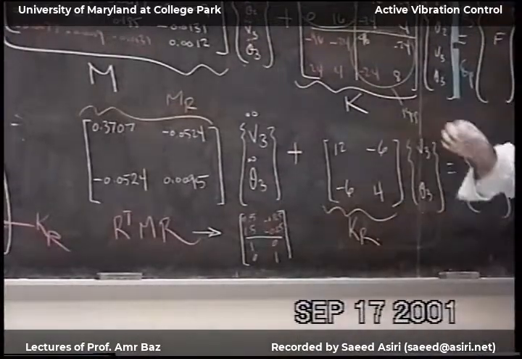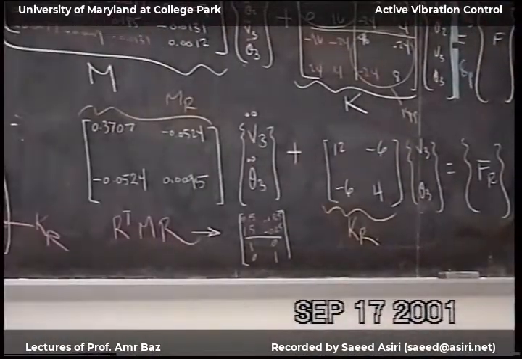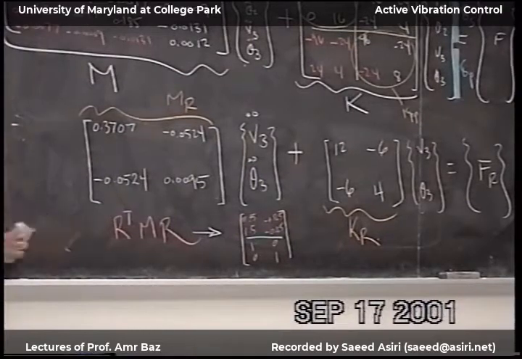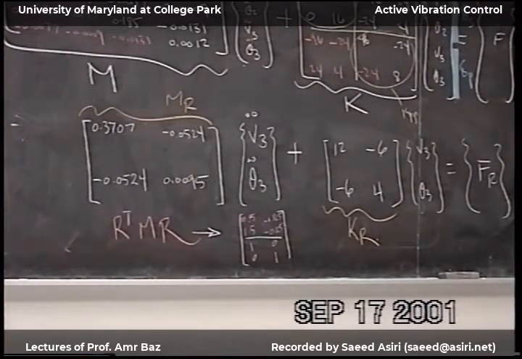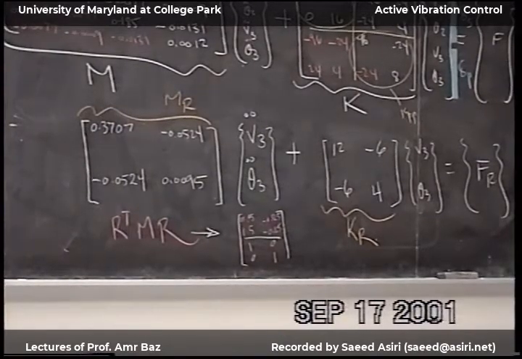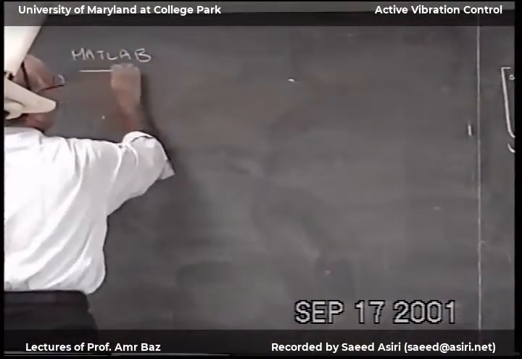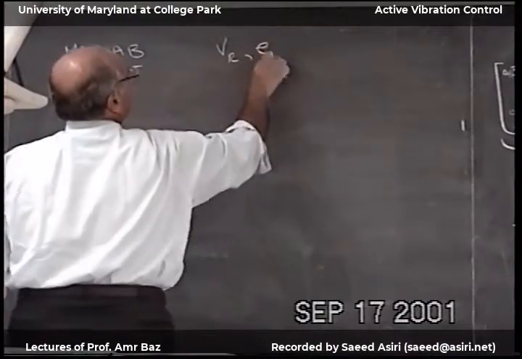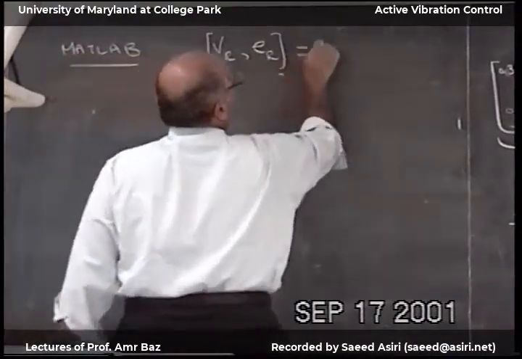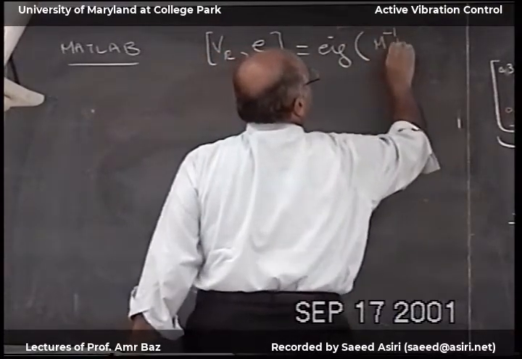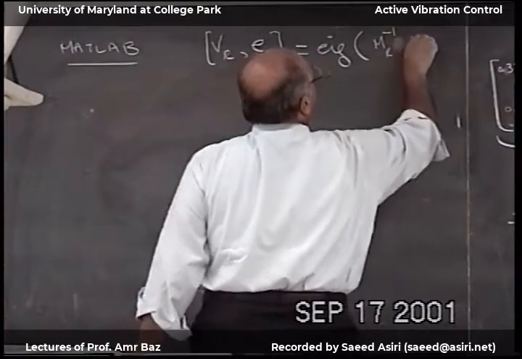Then I take these to MATLAB and get the V reduced, eigenvalue reduced, and this will be from the eigenvalue command of M reduced inverse K reduced.